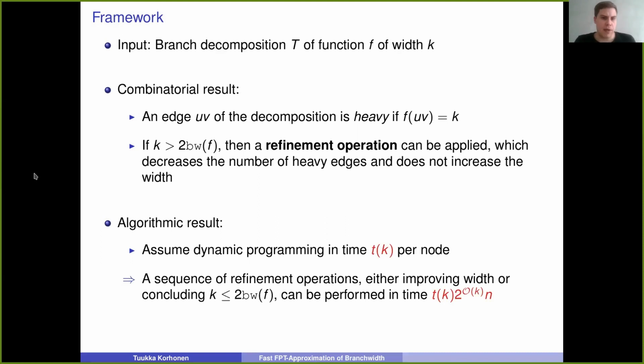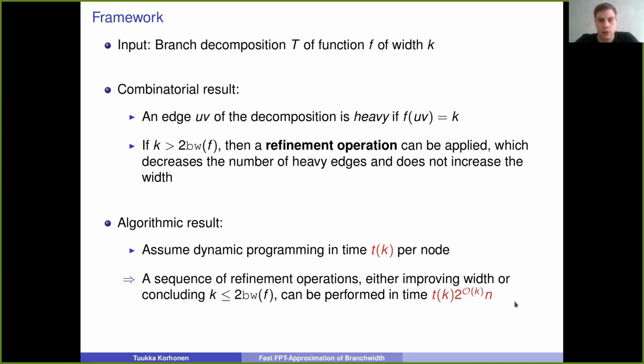And then the algorithmic result is that if we have some branch decomposition that allows us to do dynamic programming in time t of k per node, so for fixed k, we can store some constant number of information per node to compute certain partitions of this V satisfying certain properties, then we can actually implement a sequence of refinement operations, a sequence that can have n refinement operations, that either improve the width or conclude that it's a two approximation, in time that is linear in the number of vertices or number of elements.